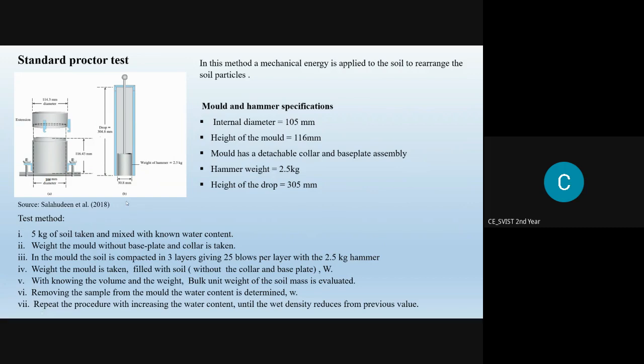After mixing, you keep that. This lower portion is the base plate, this is the mold, and this is called the collar.